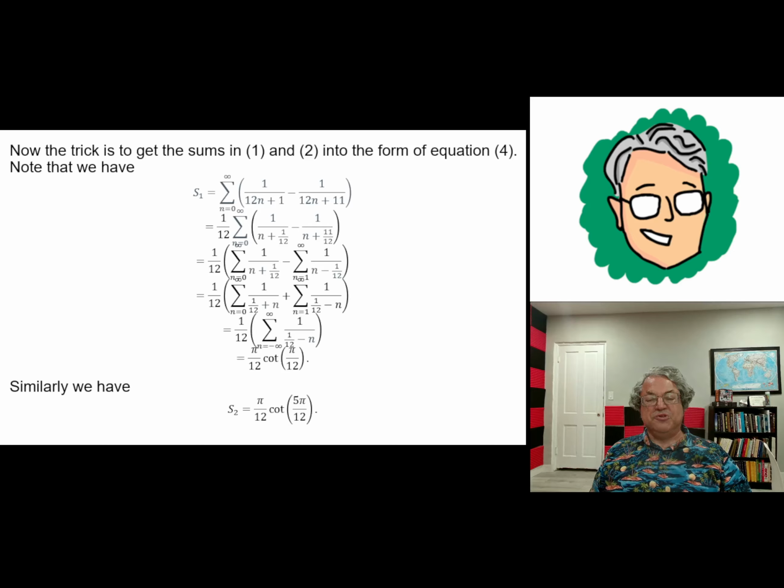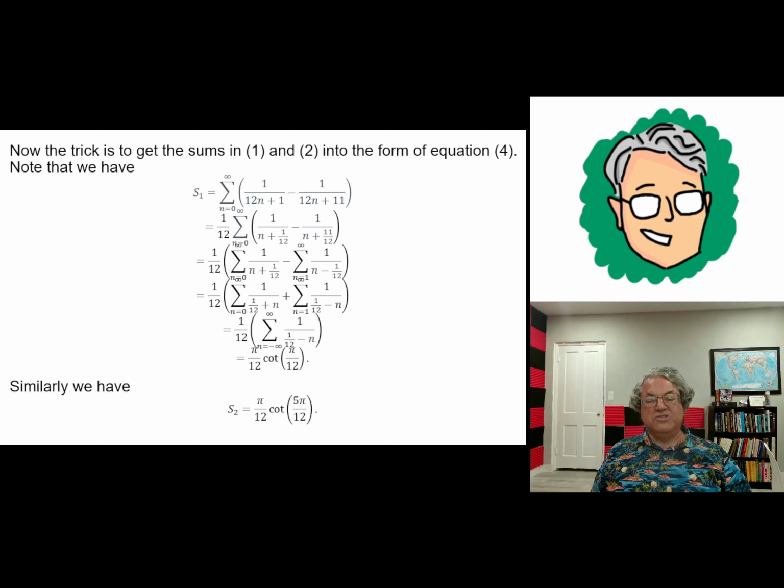Because addition is commutative, n plus 1/12 is the same as 1/12 plus n. But now if we want to do the same thing in the second sum, and replace n minus 1/12 by 1/12 minus n, then we have to change the sign, which is what I did here. Before, we had a minus sign from the second sum; now we have a plus sign. So I think you can see this fourth line follows pretty easily from the third one.